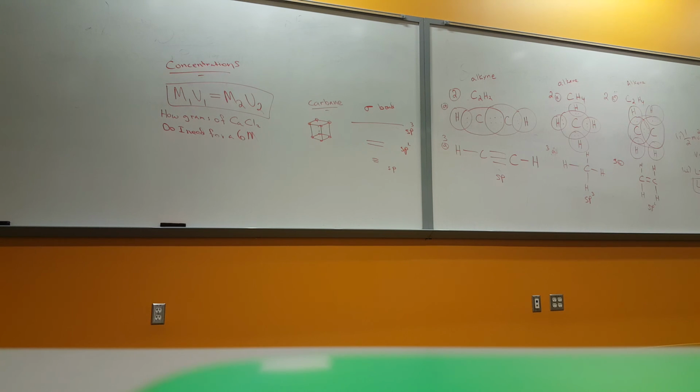So they're asking for V2, volume 2, but they give you the molarity. You do stuff like that. You see the equation at the bottom of page 151, the one I'm talking about.